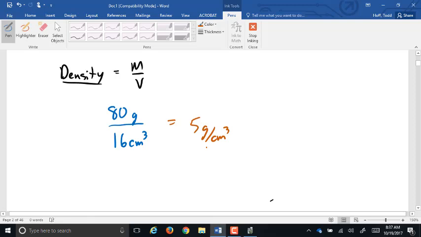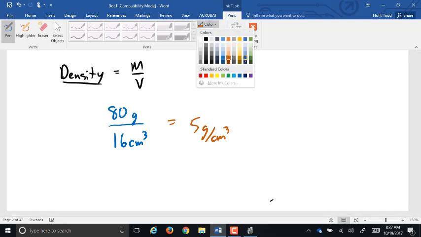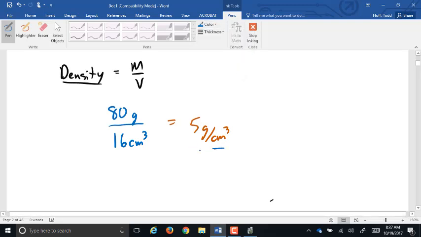That would be the density. Whenever you see a rate like that, 5 grams per centimeter cubed, it can actually be used as a measurement equivalency. What that is saying is 5 grams is equivalent to 1 centimeter cubed.